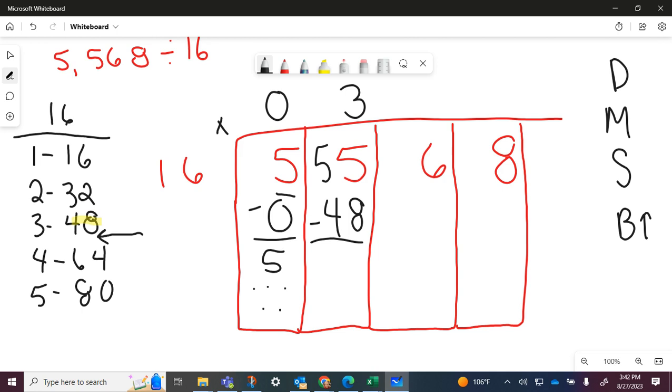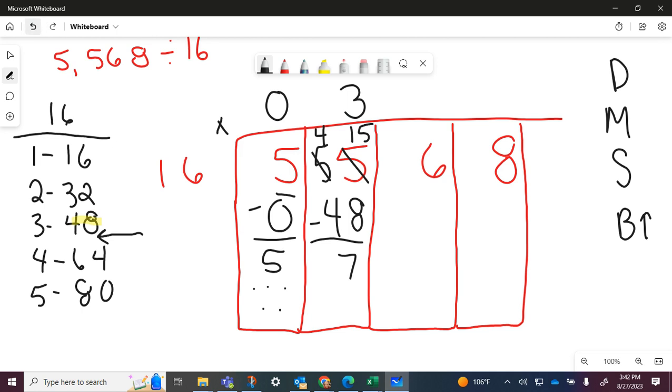Now we're going to subtract 55 minus 48. Okay, we can't do that. So we're going to come over here. That turns into 4. This turns into a 15. That would be 8, 9, 10, 11, 12, 13, 14, 15. That's 7. All right, so now we're going to take that 7, and here's where we are in our steps, the bring up.